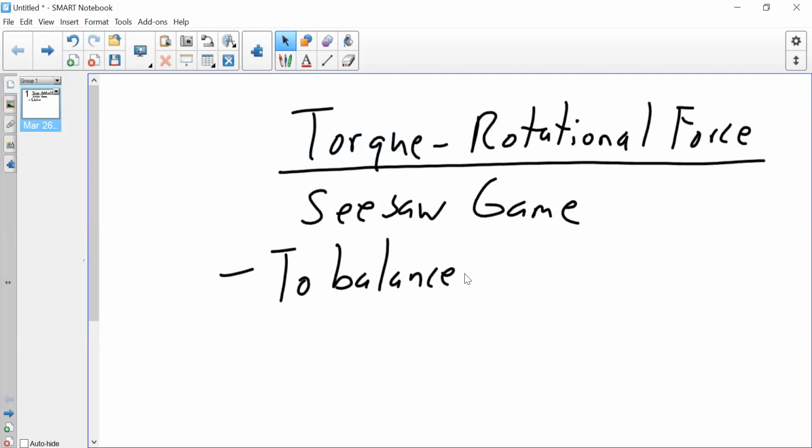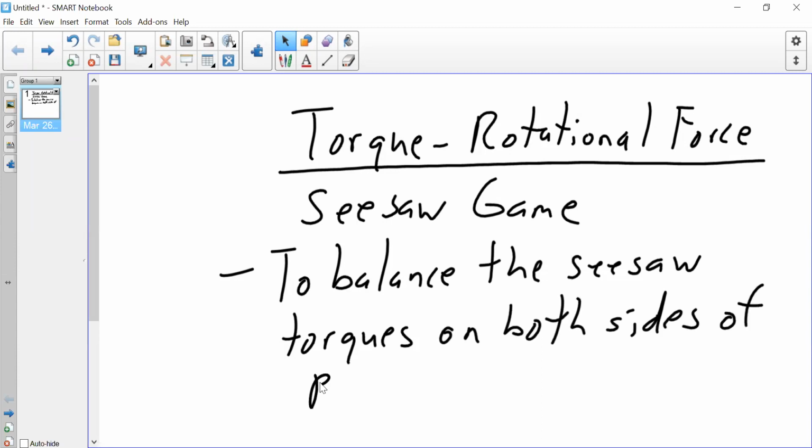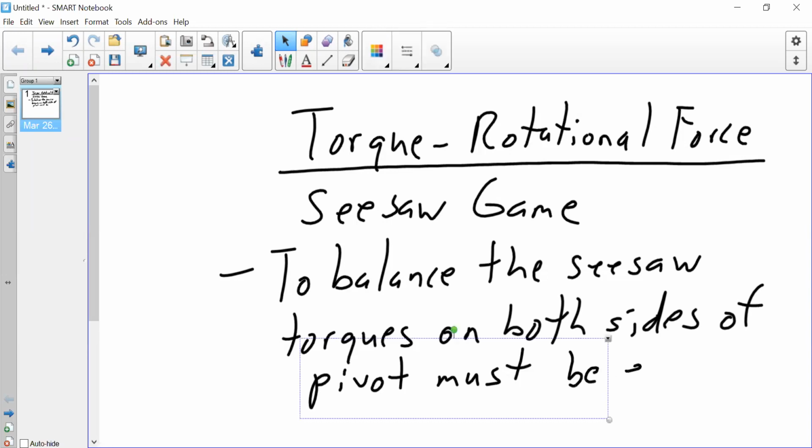To balance the seesaw, the torque on both sides of a pivot must be equal. The torque on both sides.